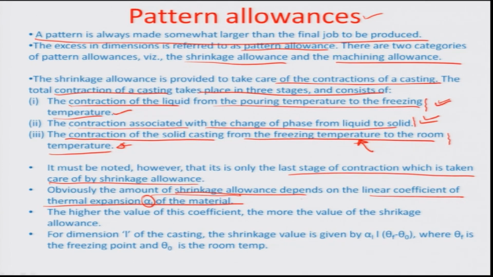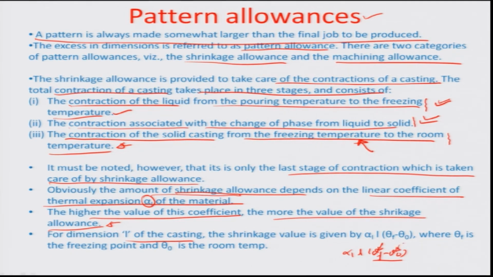So the higher the value of this coefficient alpha, the more is the value of the shrinkage allowance, and for dimension L of the casting, the shrinkage value is given by alpha L times L times (theta f minus theta 0), where theta f is the freezing temperature at which the material starts to solidify. Theta 0 obviously is the room temperature.